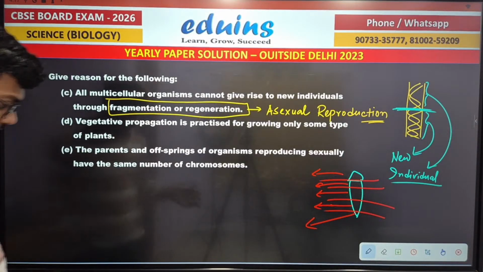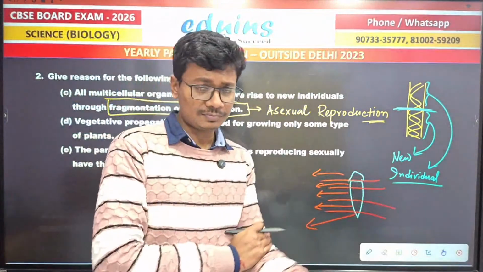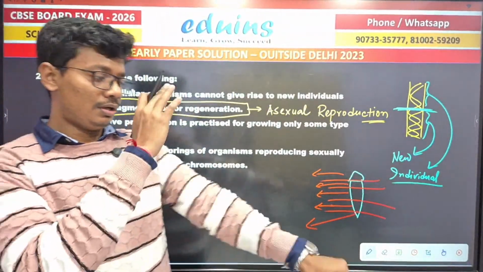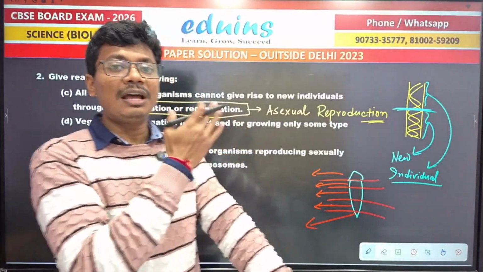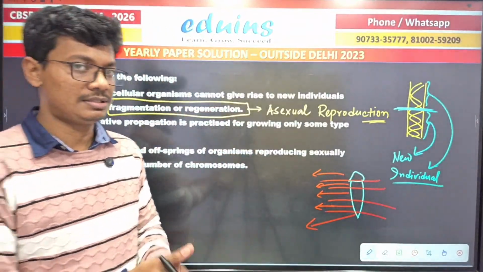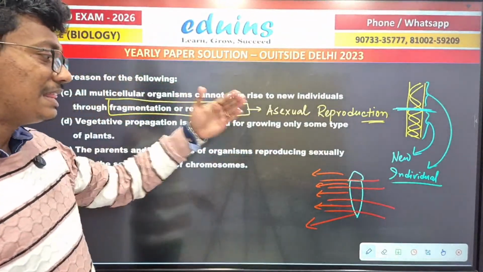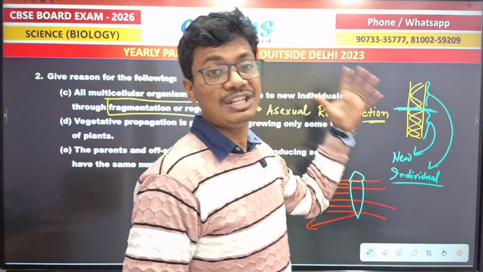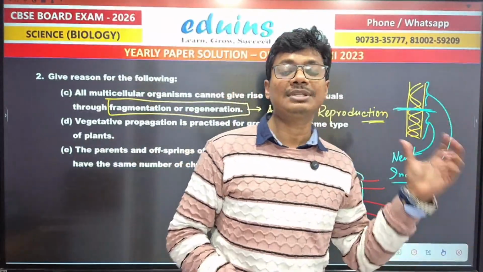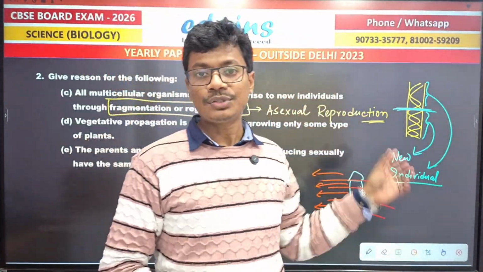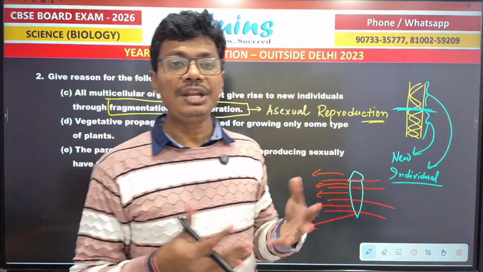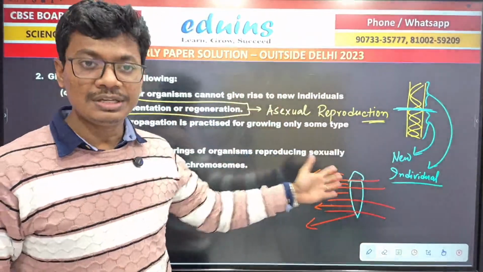Like in humans, if I cut my hand, a new hand will not arise. Why? Because they do not have specific regenerative tissues which help to recreate or regrow into a new individual.